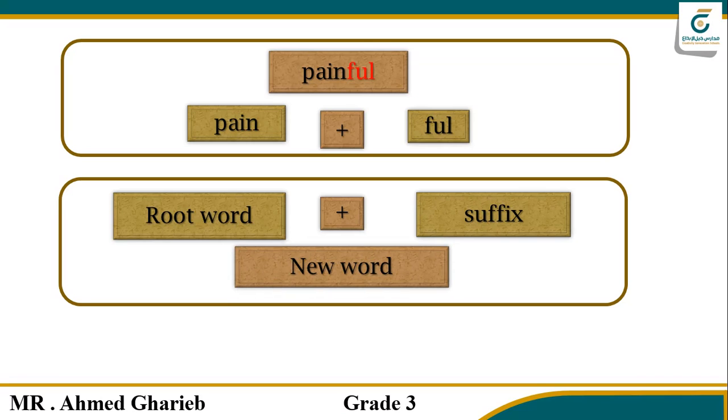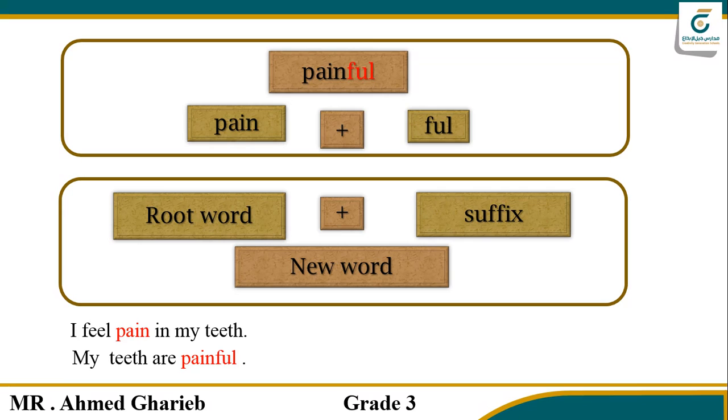Okay, now can you tell me what is the change that the suffix can make to the root word? Look at these examples. I feel pain in my teeth. My teeth are painful. What is the difference between pain and painful?